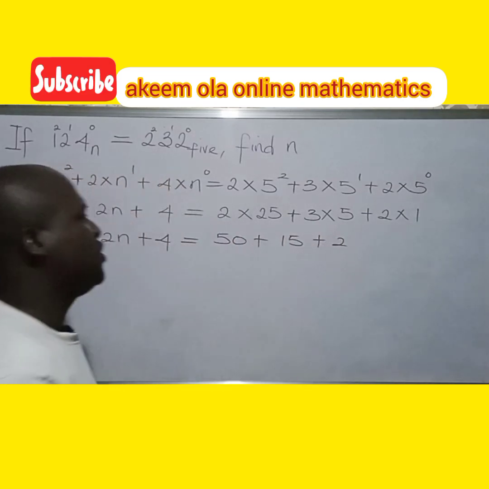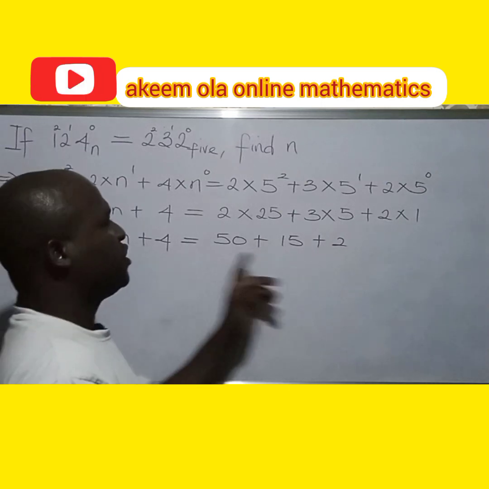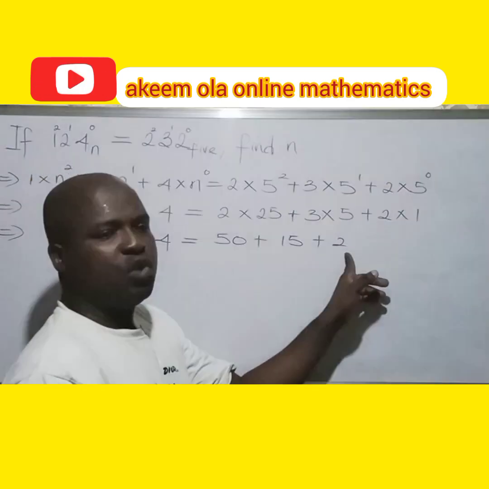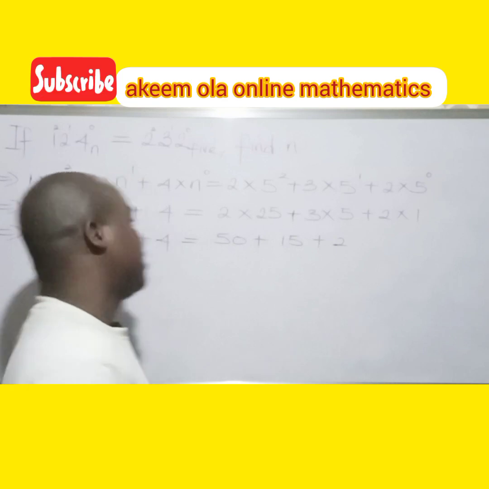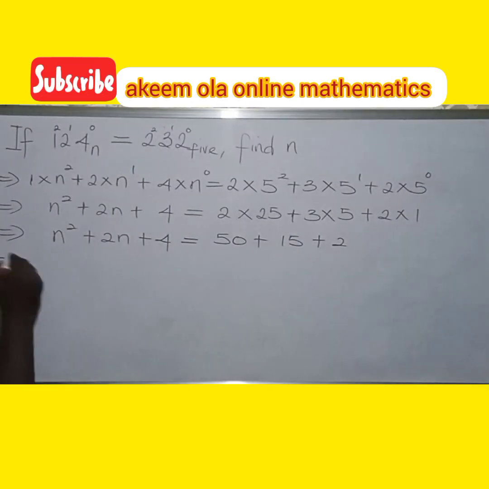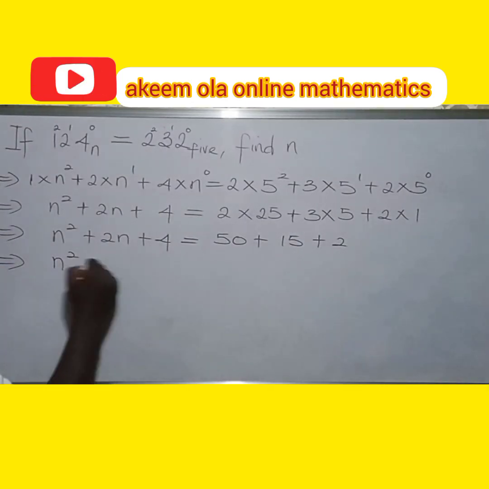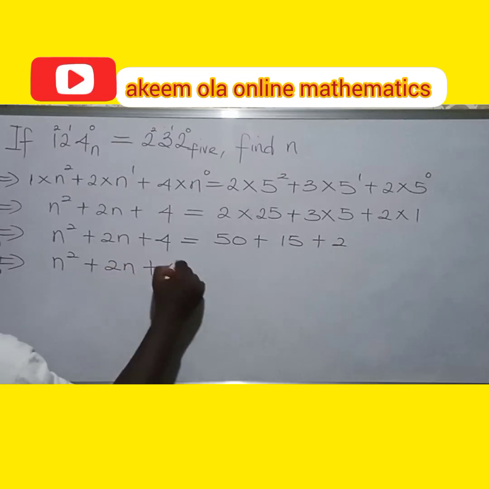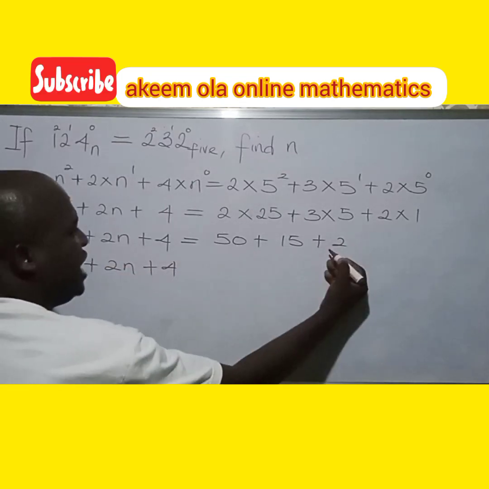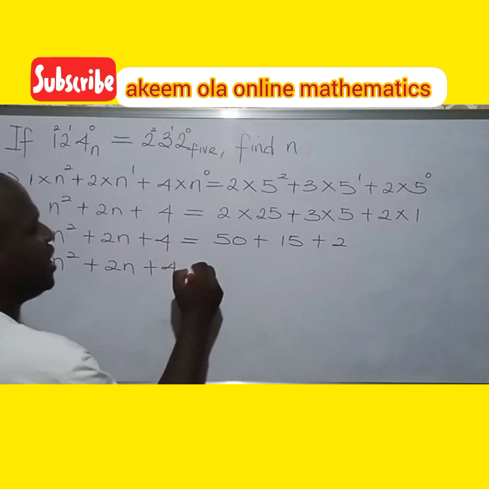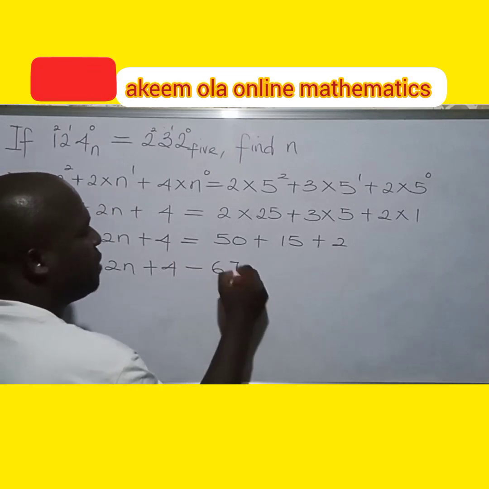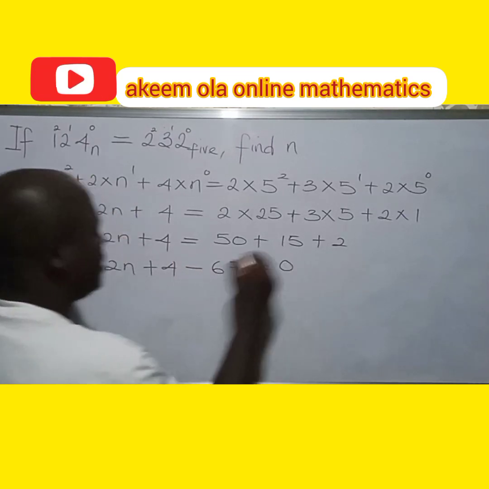If they are added together, this will give us 65 plus 2, and that will surely give us 67. That means we have n squared plus 2n plus 4 equals 67. We can move the 67 here, so we have minus 67 is equal to 0.